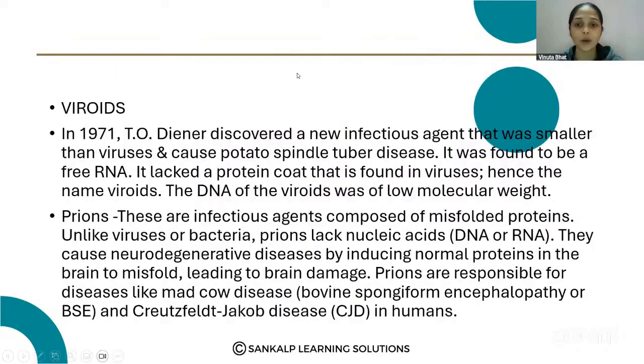Then viroids. Viroids contain the genetic material but the protein coat is absent. In case of a virus, we find the genetic material as well as the protein coat, but in viroids the protein coat is absent. Viroids were discovered by T.O. Diener in 1971.